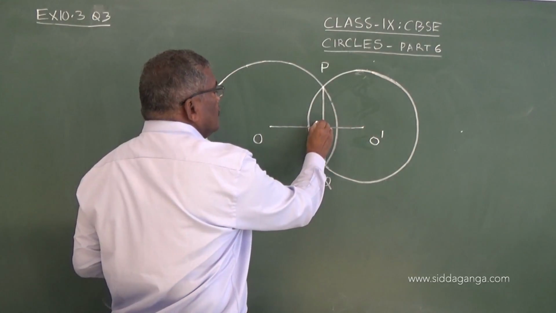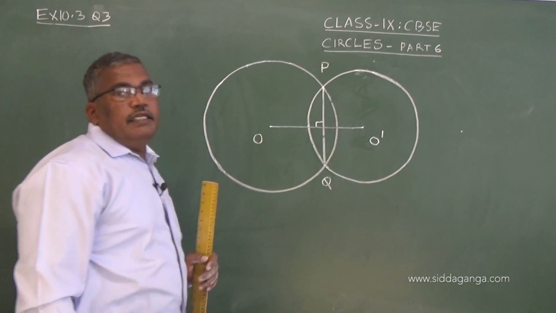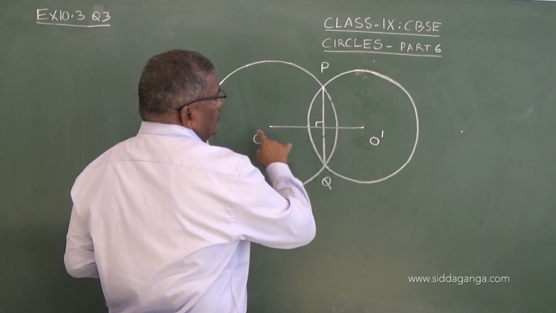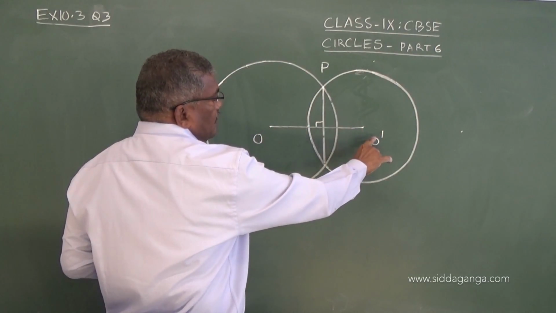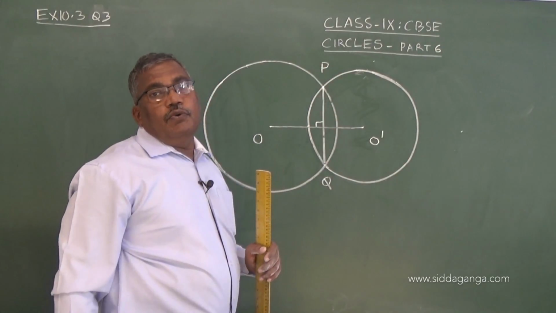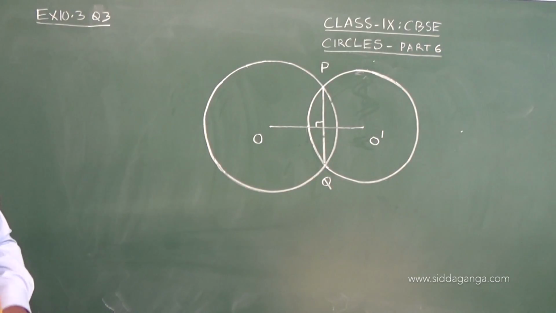This is the perpendicular bisector, 90 degree, and the centers of the circles are on the perpendicular line of PQ. That is the theorem, the problem which we have to prove.